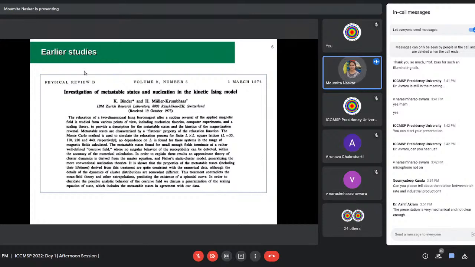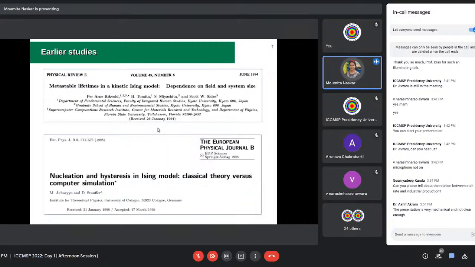Okay. So people started such computer simulational studies a long time back, around 1970. There are many important papers on metastability, metastable states, metastable lifetime, etc. Here I am mentioning only three of them, and this is one of such important papers, where the authors studied metastable states and nucleation in the kinetic Ising model.